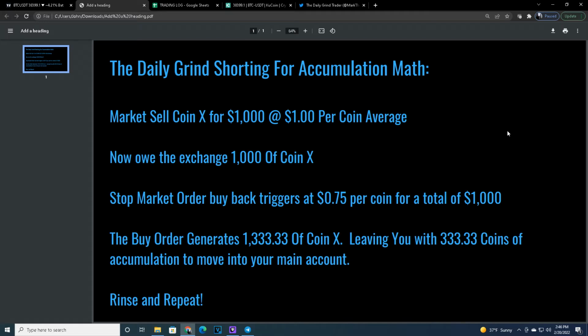Target price triggers at 75 cents per coin for a total of $1,000.